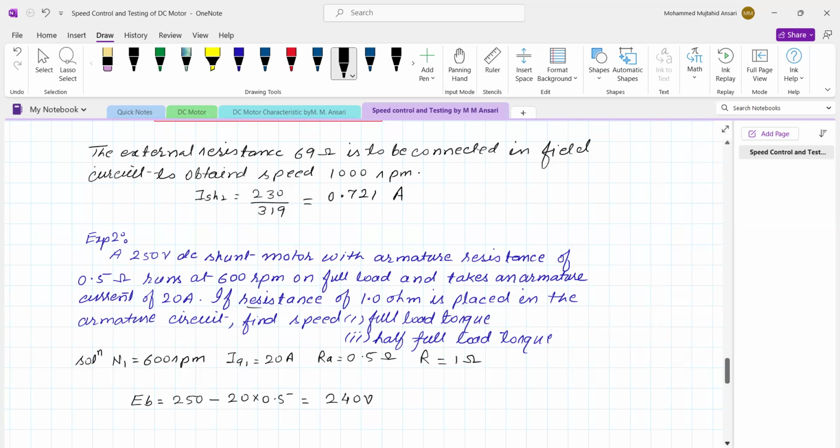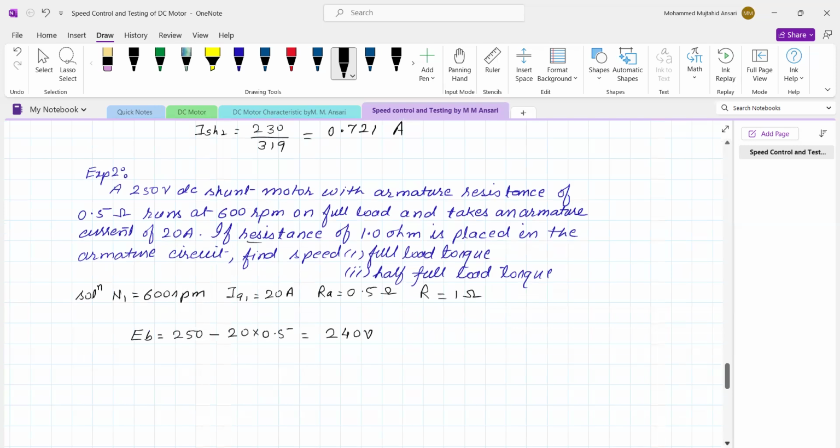Since the torque is directly proportional to armature current and shunt field flux, torque is directly proportional to flux into armature current. We can say that TA2 upon TA1 is equal to IA2 upon IA1.